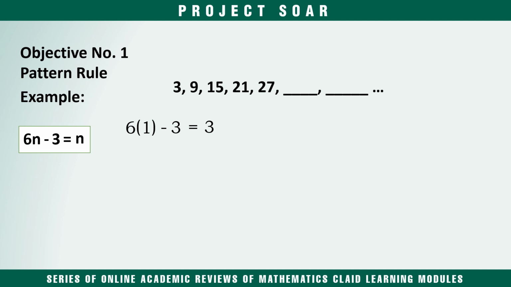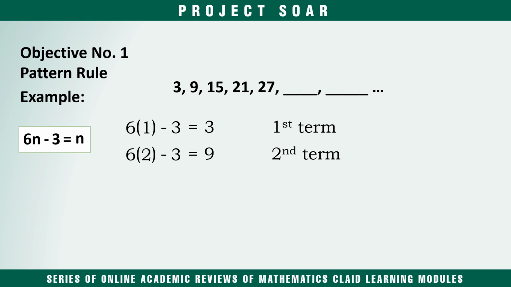So, the answer is 3. So, let us find out the second term. So, 6 as common difference, multiplied by second term, minus 3, that is 9. And that is the second term.